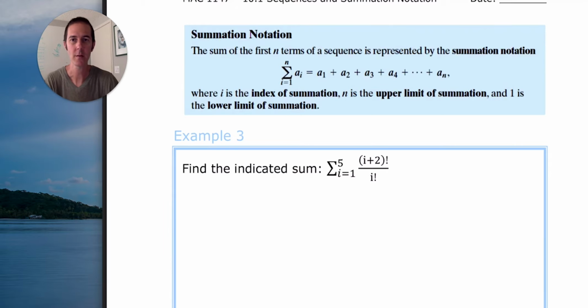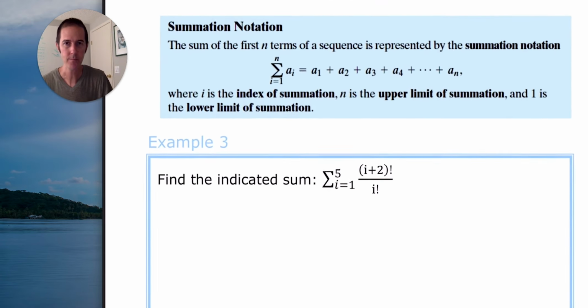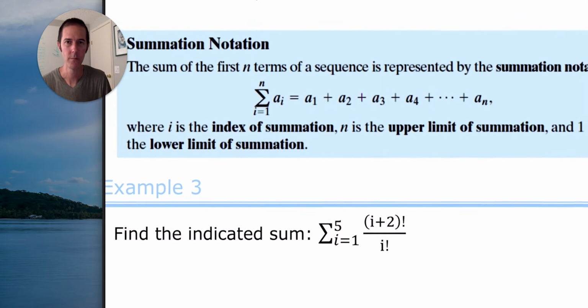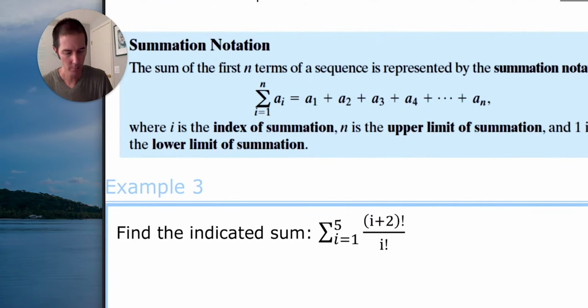So in the blue box, let's look at the notation if you're not familiar with it already. This unusual symbol in here, some of us are more familiar with it than others. That is the capital Greek letter sigma. So sometimes this is called summation notation, sometimes it's called sigma notation.